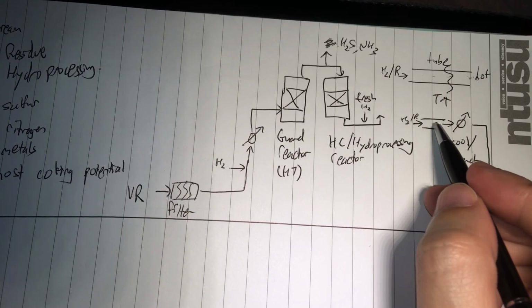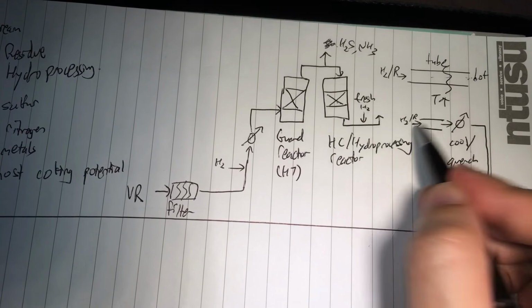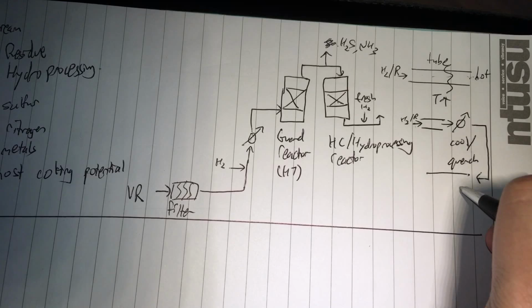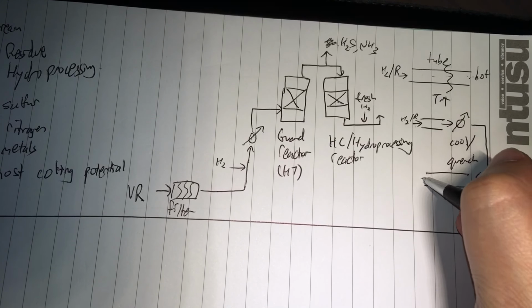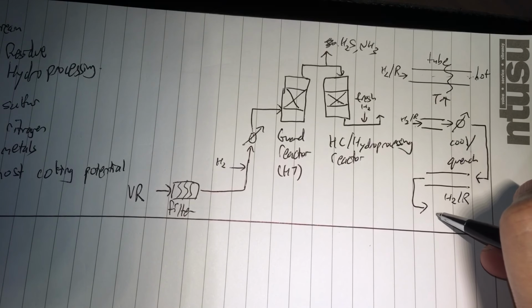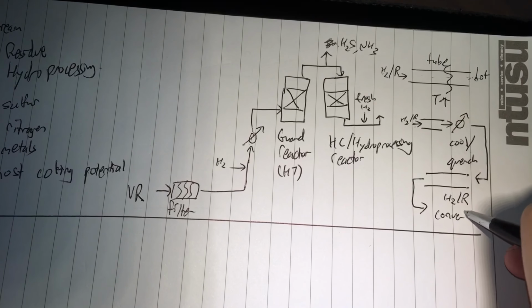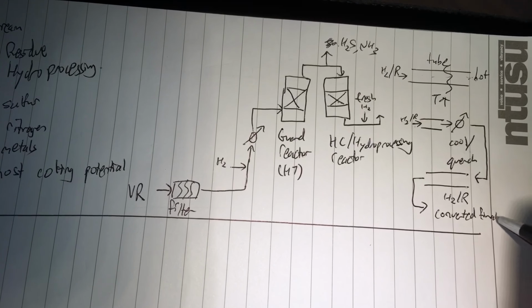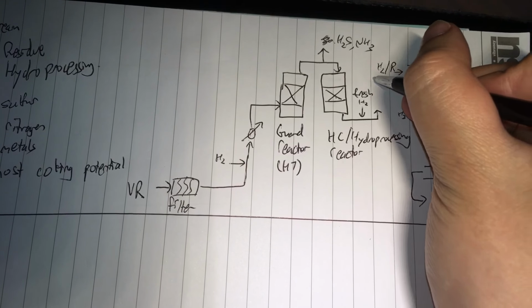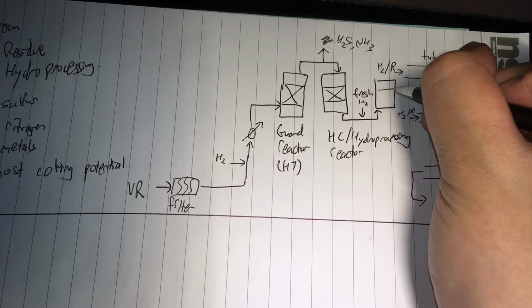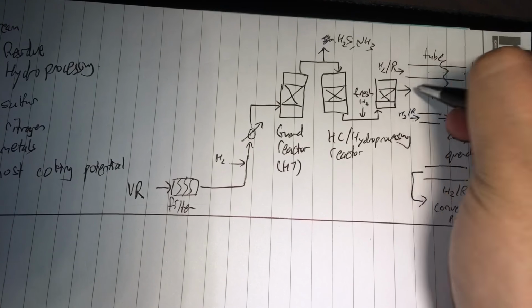The whole temperature of this mixture will start to dip, so that you can start to react more of it. So at the end, you have your converted final product. That is why you probably have three reactors.